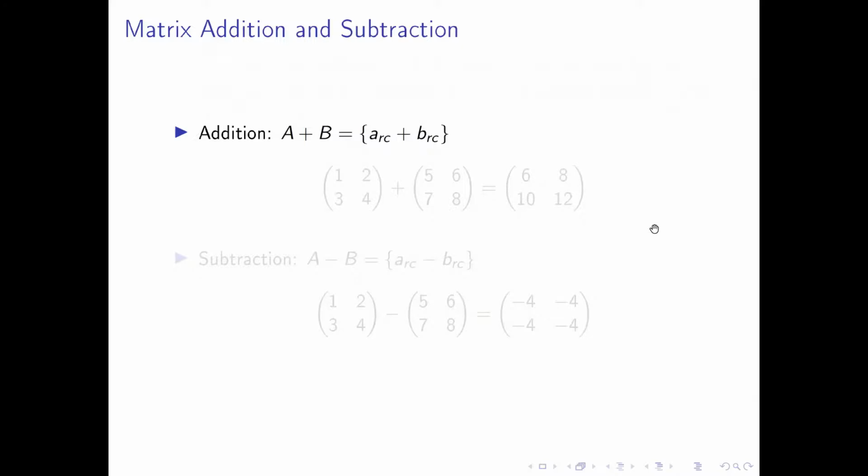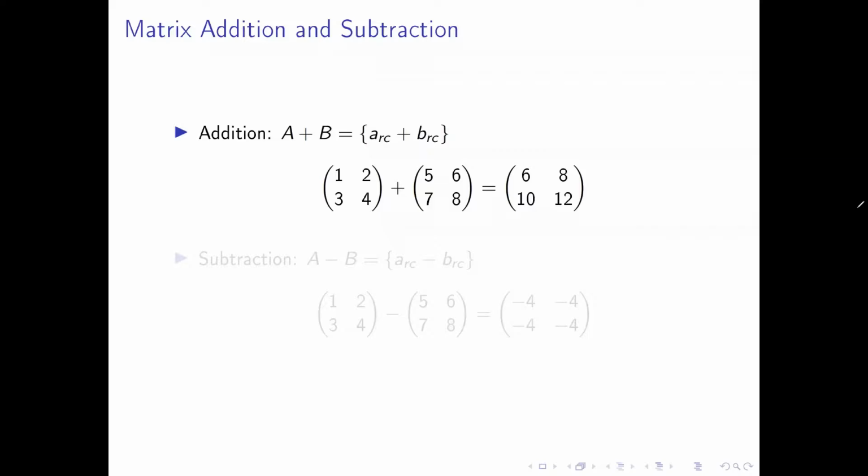Then how about matrix addition and matrix subtraction? So here we have two matrices, A and B. They have to be of the same dimension. That is, the number of rows and number of columns should be exactly equal to the number of rows and columns in the second matrix that's added to, okay? So here we have, for example, matrices A and B, both square matrices, 1, 2, 3, 4, and 5, 6, 7, 8.